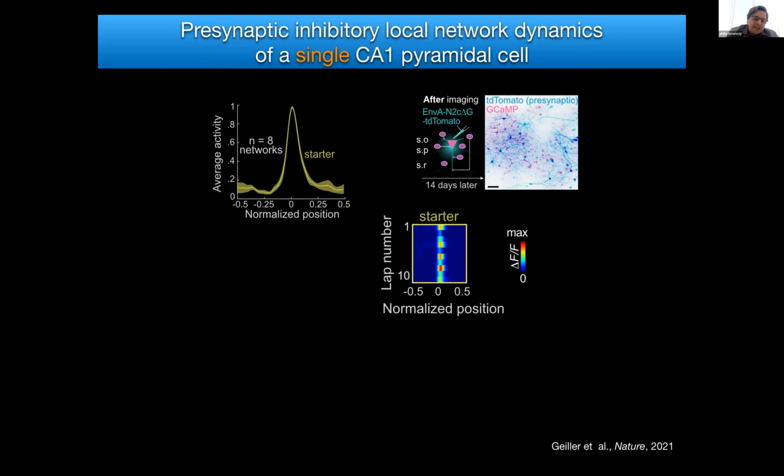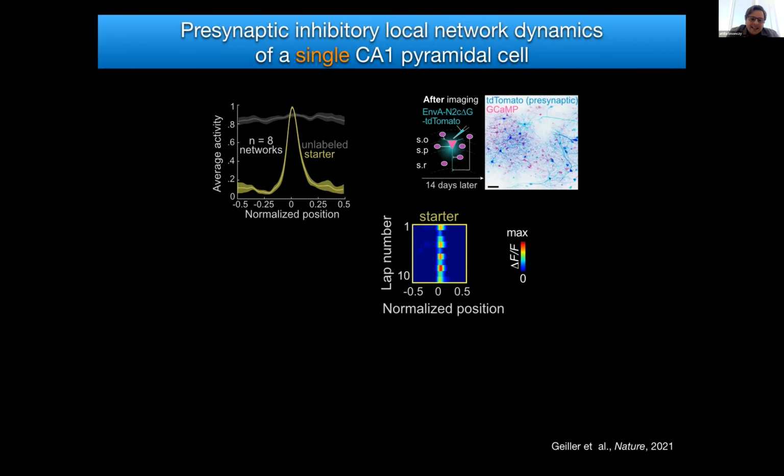So when he looked at the activity of the interneurons, he found that the spatial response of the unlabeled cells was relatively high across all positions, which is consistent with the high baseline firing rate of interneurons reported in previous studies.